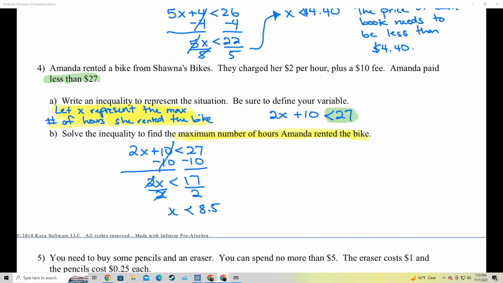And since this one didn't say which one's which, I'm just going to say they're going to charge me for the 8.5 hours. I'm going to leave it as 8.5. So the max number of hours Amanda can rent the bike for is less than 8.5 hours.